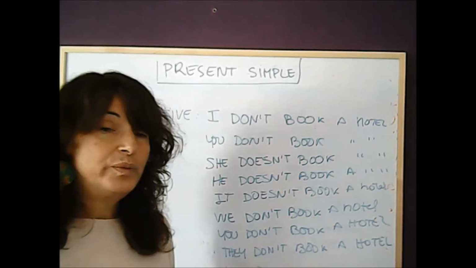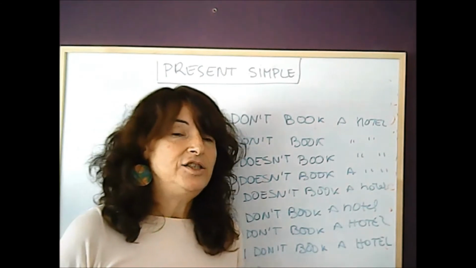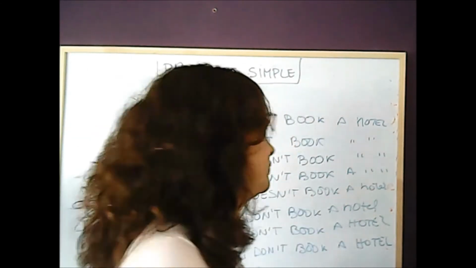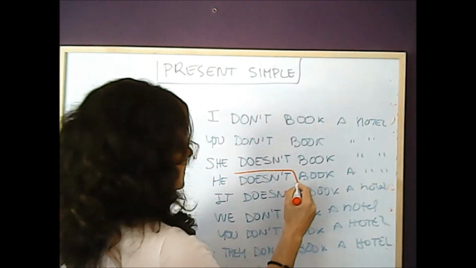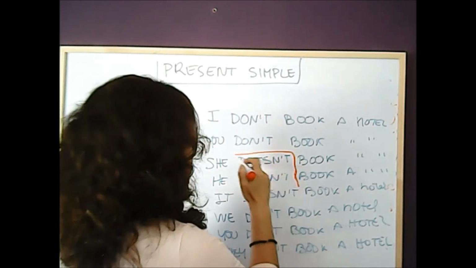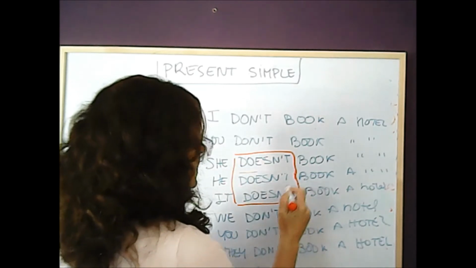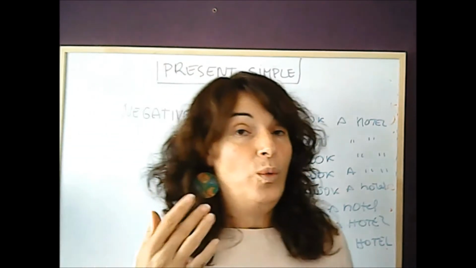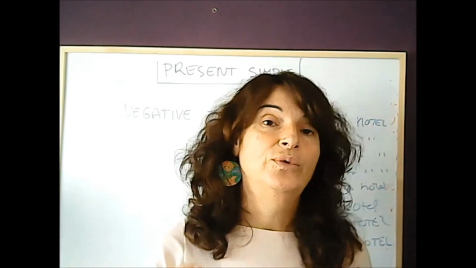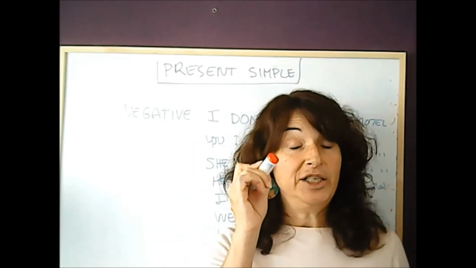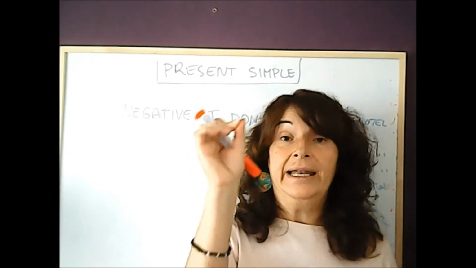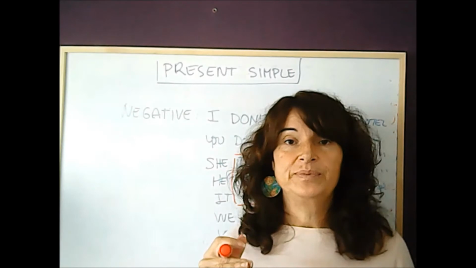So, what is the change, or what is the difference for the third person? This doesn't. Yes. When we saw the affirmative, we saw that in the he, she, it, we add an s.